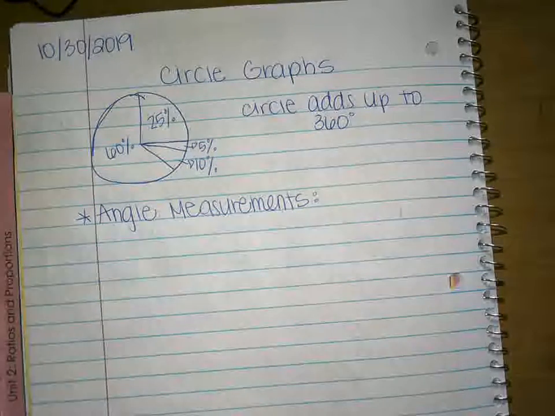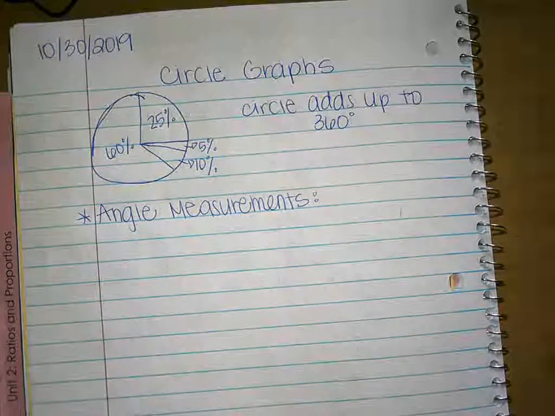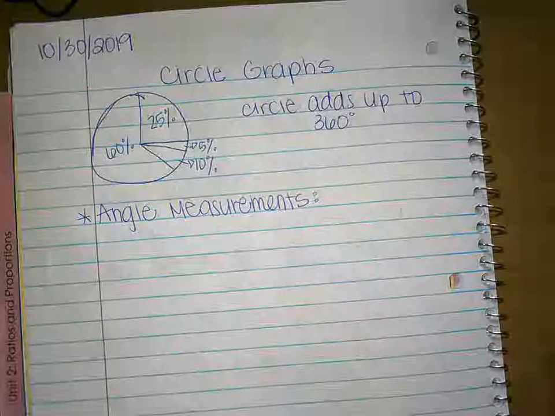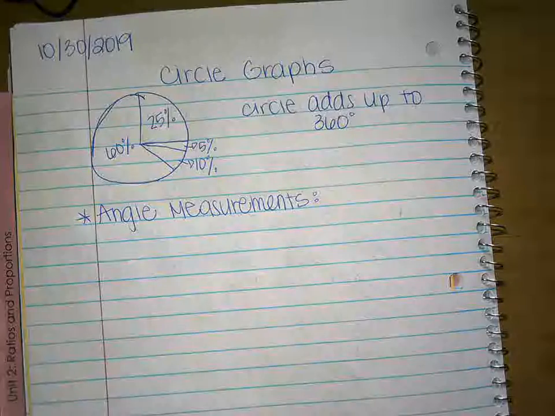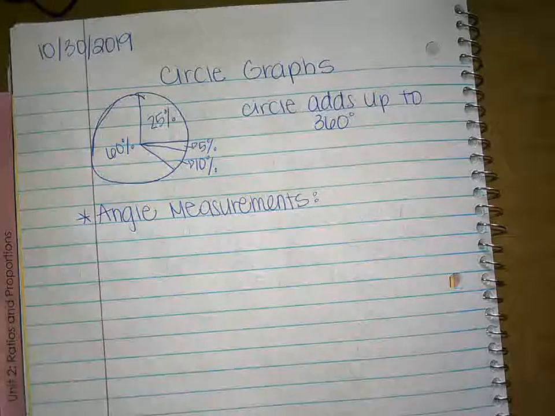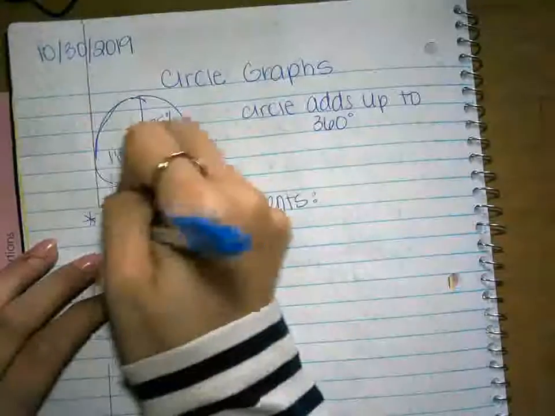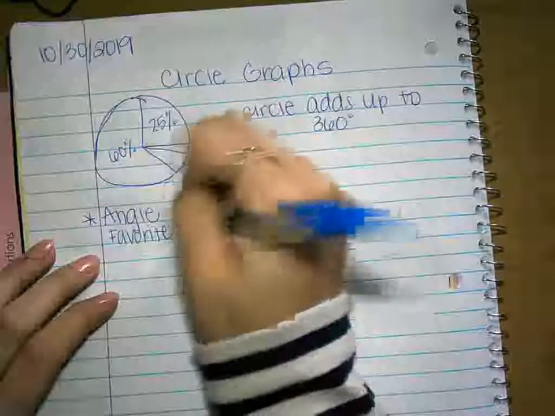So most of the time when you see circle graphs, it's because you guys have found some sort of data, something that you want to represent, and it works really well on a circle graph. So let's say I surveyed a bunch of people about their favorite candies. So favorite candy.